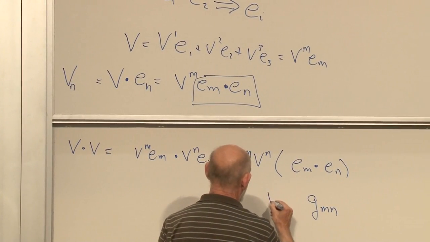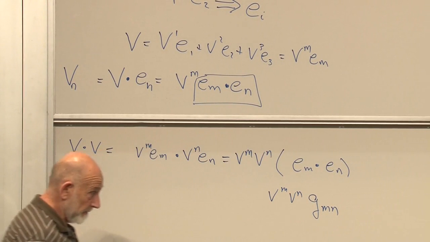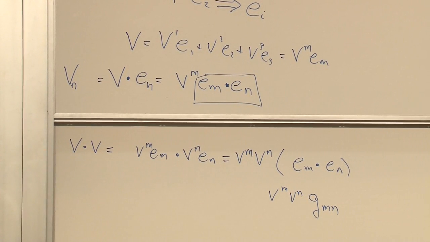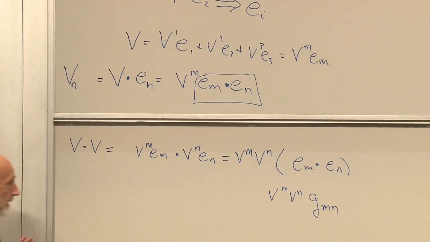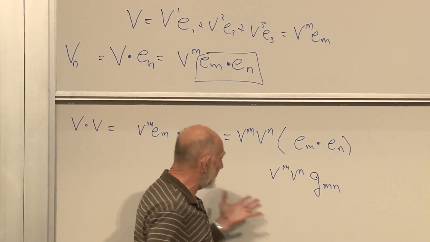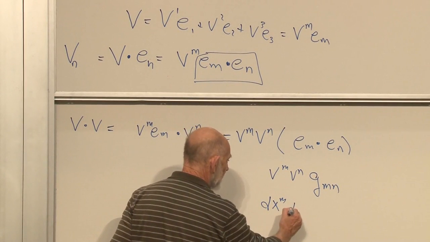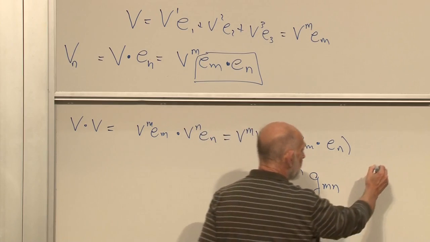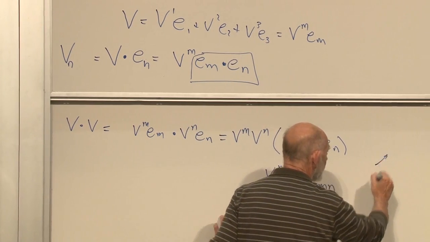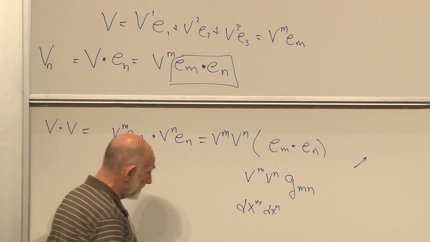And now we have a formula V^m V^n g_mn. This is the character of the metric tensor. The metric tensor tells you how to compute the length of a vector. The vector could be just dx^m and dx^n, and then we would just be computing the length of a little interval between two neighboring points, g_mn.